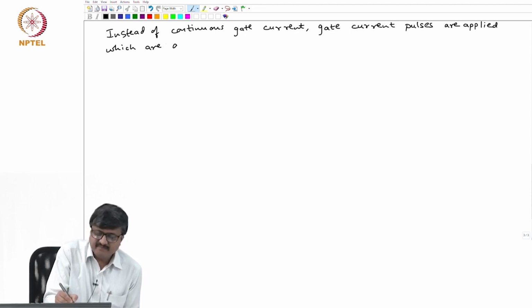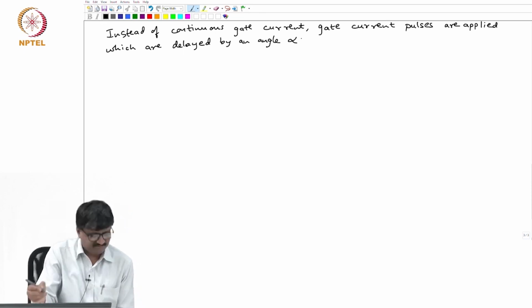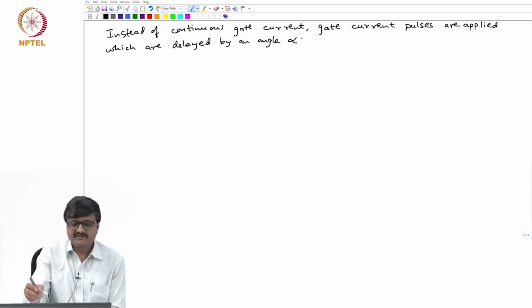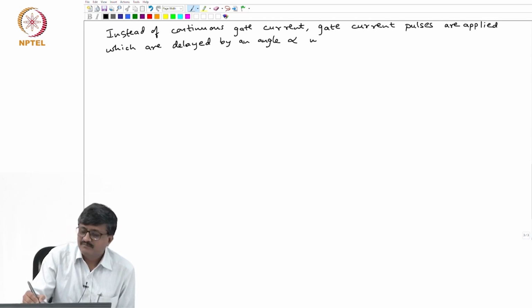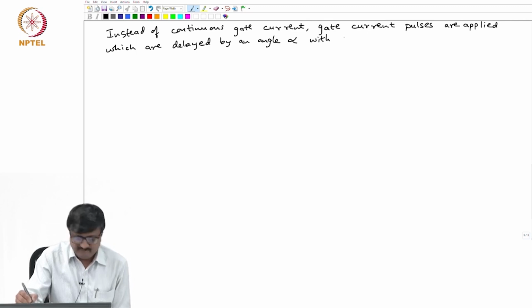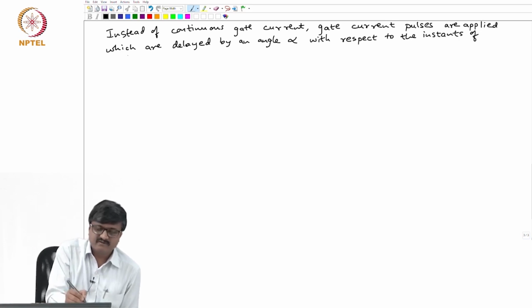So, we give a notation for this angle, alpha. Now, this delay is measured with respect to the instant of natural conduction. So, by an angle alpha with respect to the instants of natural conduction.